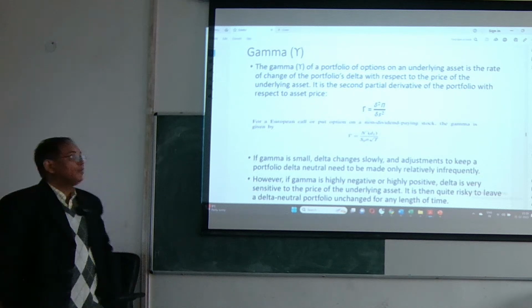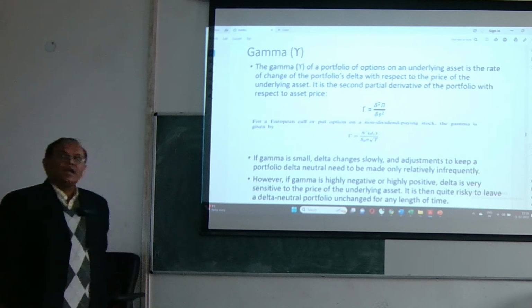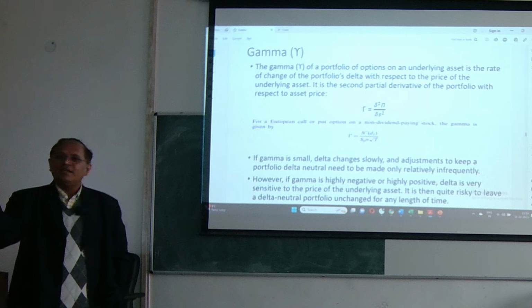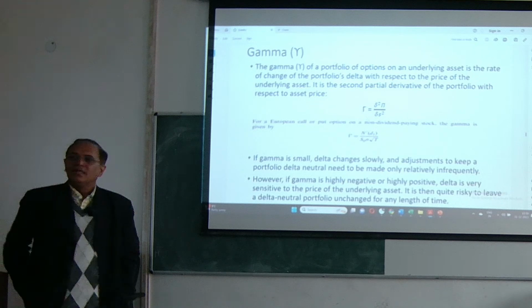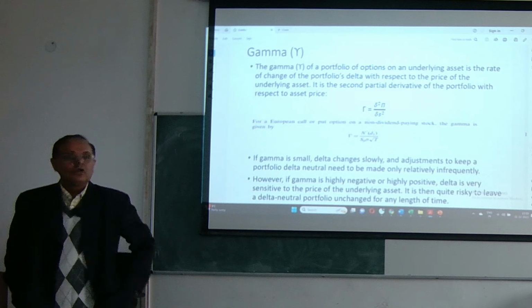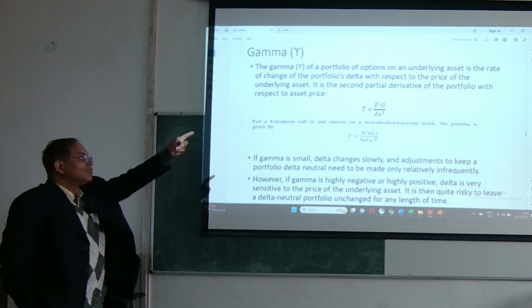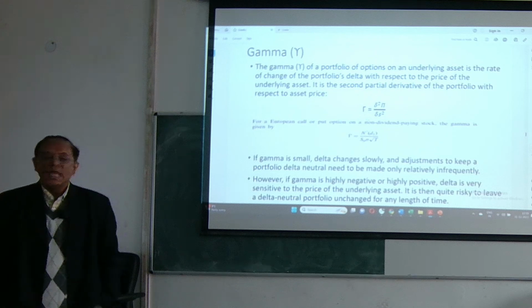Here the power 2 has been taken, otherwise we can write that gamma is equal to del of delta divided by del S, and delta is nothing but del C or P, the call or put premium, upon del S. So you can say del squared of the premium upon del S squared, and that is what value is put.